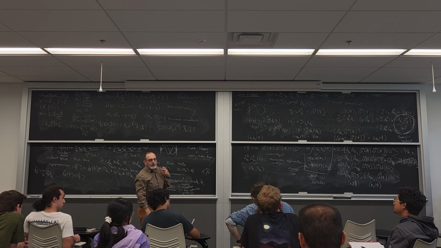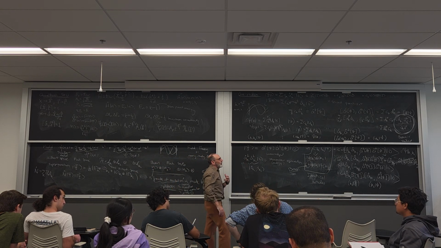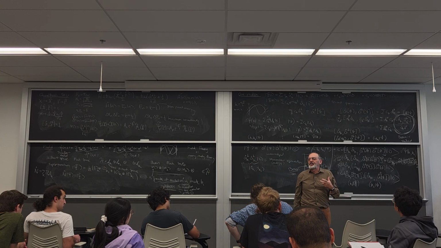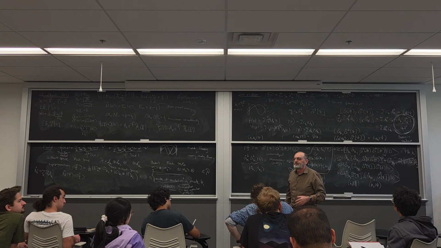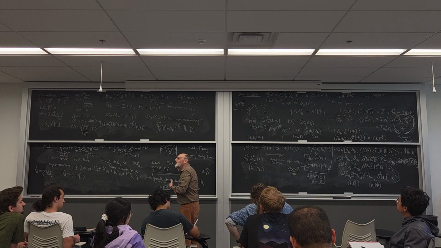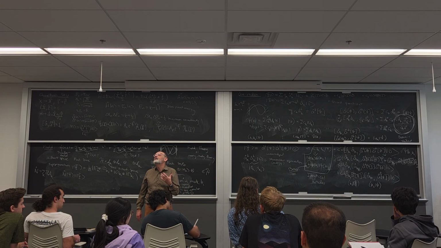The essence of what I want you to come away with is twofold. When you deal with identical particles, you have to deal with the symmetrization or anti-symmetrization of the orbitals.